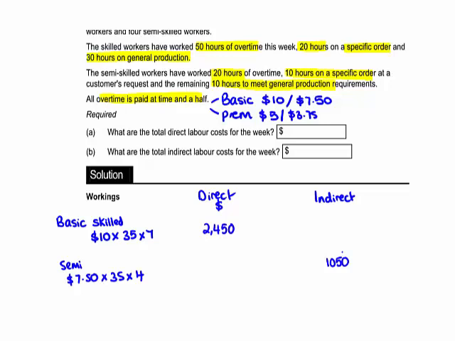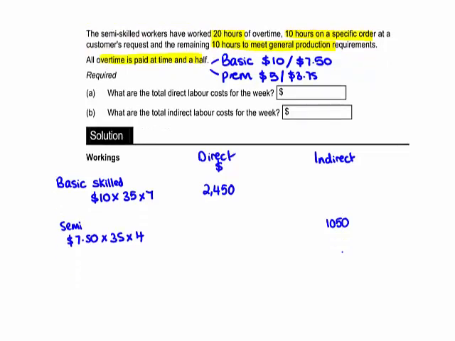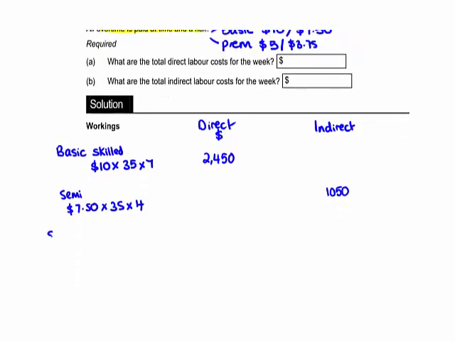The skilled workers then have done 50 hours of overtime, some of which was on a specific order and some of which was on general production. It's easiest to split this into their basic pay for those 50 hours and the overtime premium. So the skilled overtime basic, we've got $10 per hour and 50 hours.